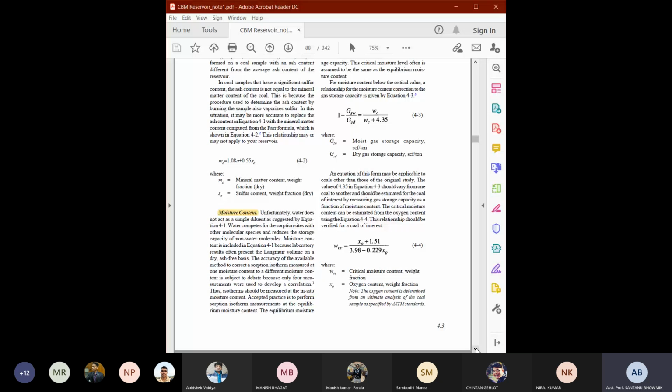Now again, as I mentioned about the saturation, depending on the water saturation, depending on the inherent moisture, depending on the mobile fluid and the immobile fluid saturation, this moisture content is going to be affected. Okay, suppose at that 1 kilometer depth, when you collect the coal sample, the sample has 10% moisture, and then you have wrapped the sample and are going to test it in the laboratory.